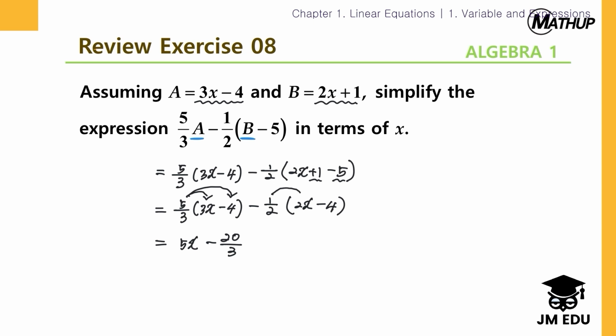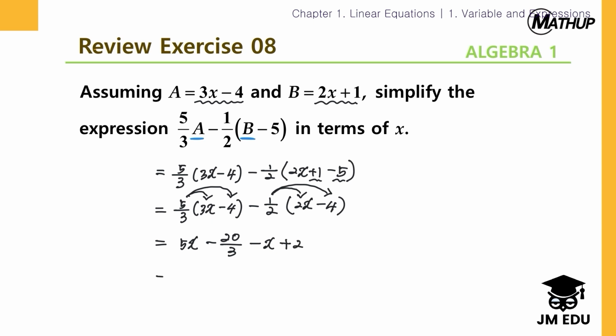Minus 1 over 2 times 2x, the 2 cancels out, right? So negative 1 times x, that's minus x. Minus 1 half times minus 4. Negative times negative is a positive. 1 over 2 times 4, that's 2, right?